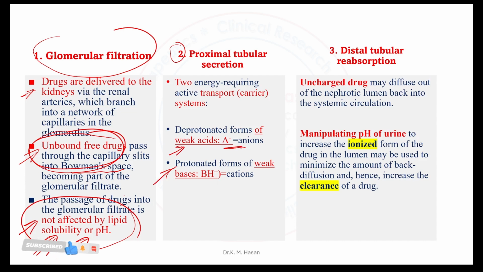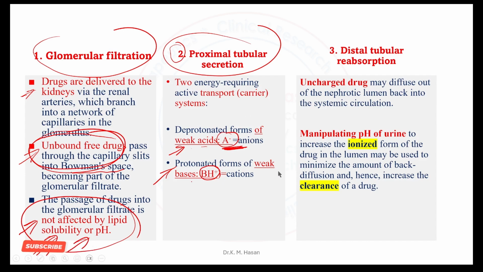Normally what we eliminate there are the charged ions: the deprotonated form A minus for the weak acid and BH plus for the weak base. So for the active secretion, we have a non-specific carrier, energy required, one for acids and one for bases.